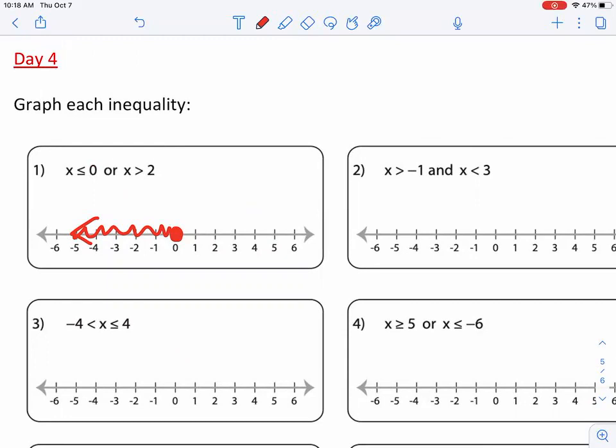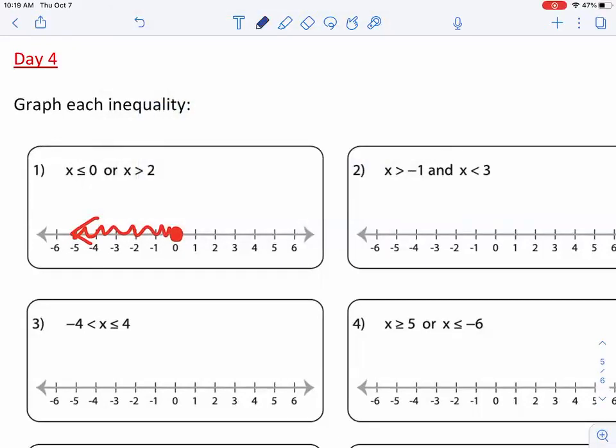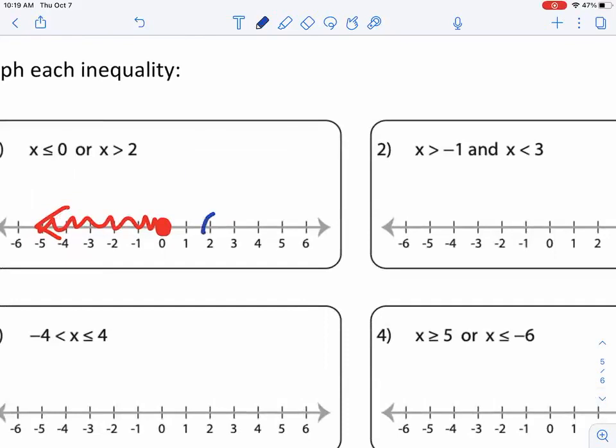So now we want to shade the other half of the graph. We want to shade x is greater than 2. Okay, and I'm going to change colors even though it's all considered one graph. X is greater than 2. That means an open circle at 2. And greater than means to the right.